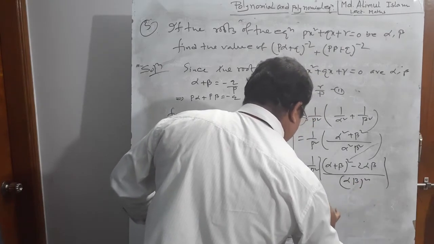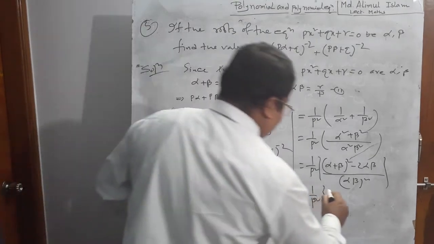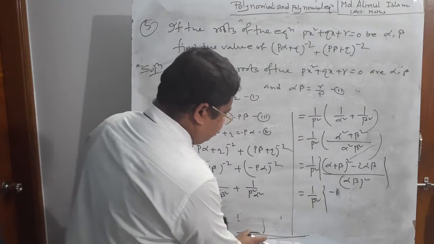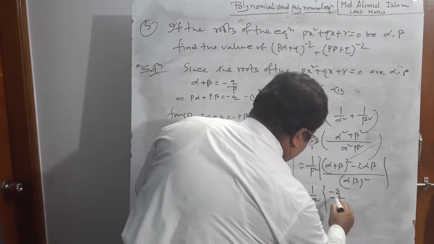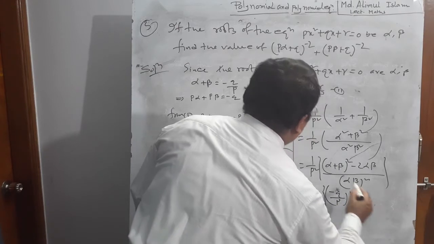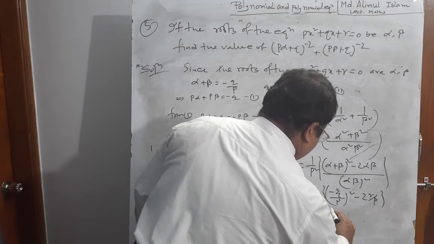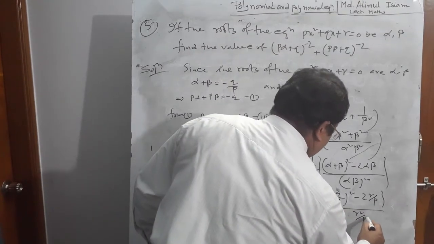And 1 by p², you put the values: (−q/p)² − 2 times r by p, divided by α²β², which is r² by p².